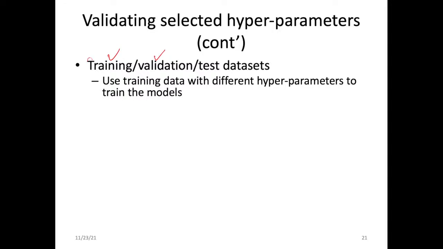Then you merge training and validation data together as the new training data, and train a model on it using the hyperparameters you just selected. Finally, you evaluate the performance based on test data. Then that would be a reasonable estimation. Otherwise, if you just divide your data into training and testing, decide the hyperparameter based on test data, and report the result directly, that would be an over-optimistic estimation.